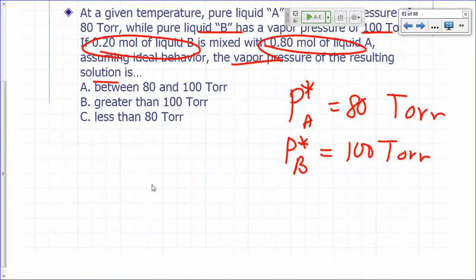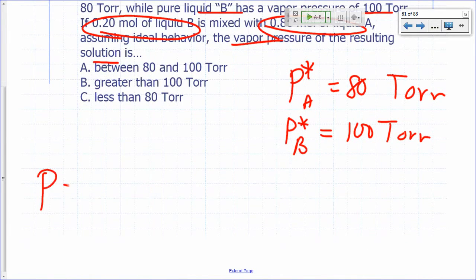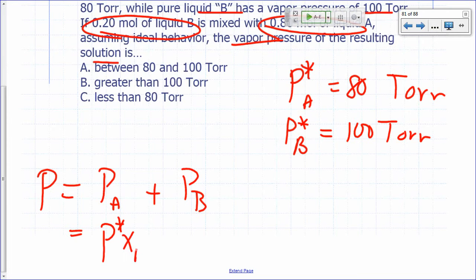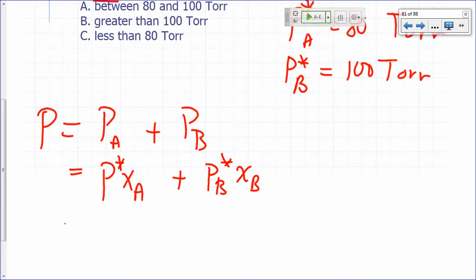Let's see. The vapor pressure would just be equal to PA plus PB, right? Partial pressure of A plus partial pressure of B. So it's going to be P star A times mole fraction of A plus P star B times mole fraction of B. Okay, what's the mole fraction of A and B in this case?